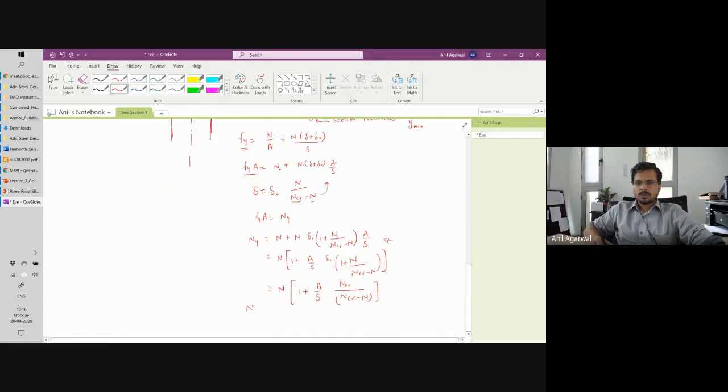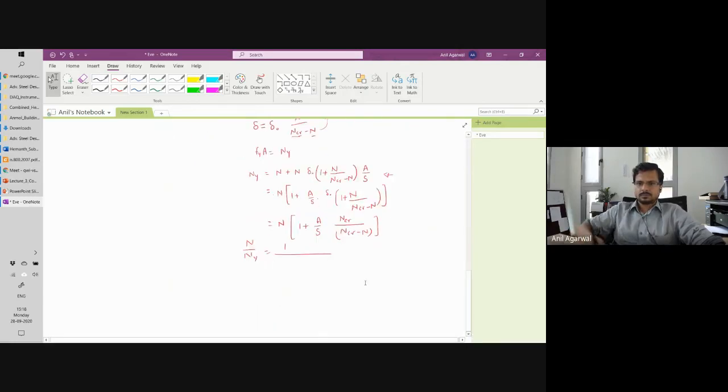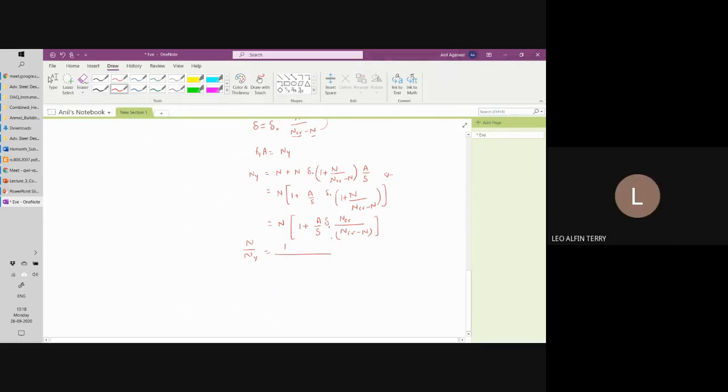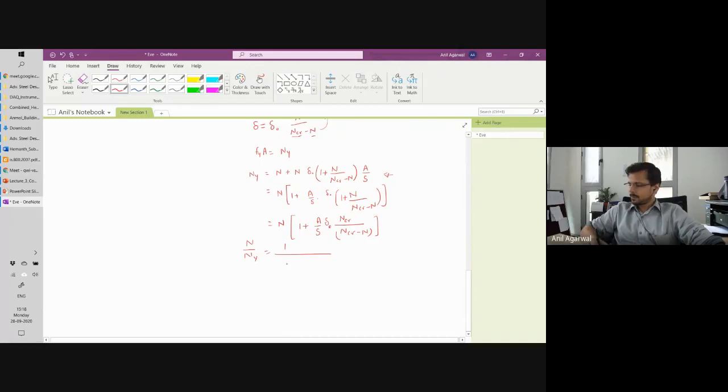Or n divided by Ny: we are bringing Ny to this side and taking this to the other side. We will be left with 1 plus... I missed delta naught, sorry, I fixed that. 1 plus delta naught, n critical divided by n critical minus n, A by S. Is that okay?